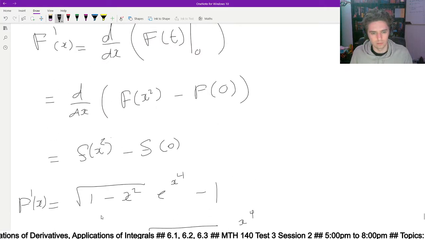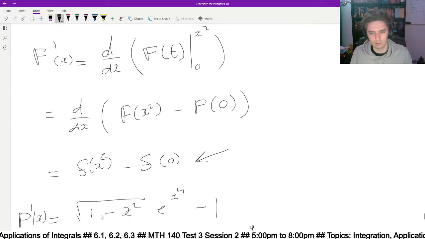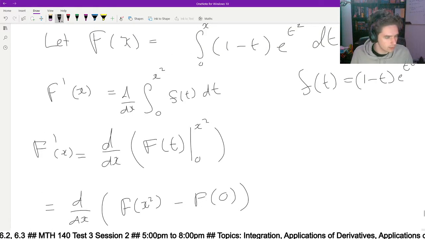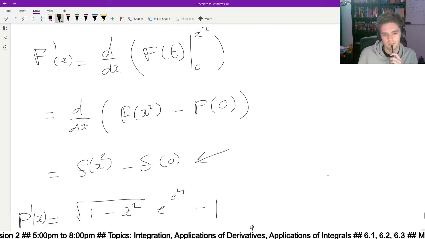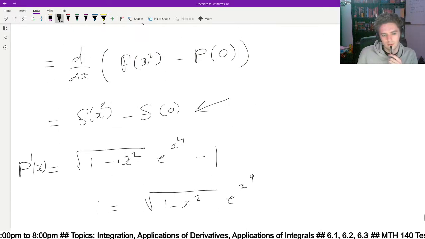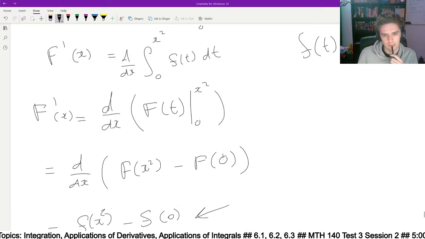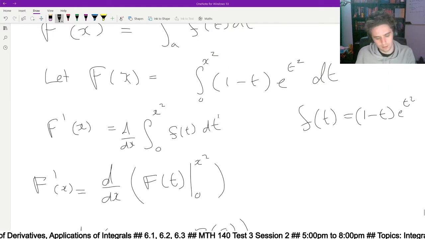And, oh, hold on. It felt like that should have been 0, but it wouldn't be 0. What else was there? So that's the derivative, but it has a 1 at the end, so that doesn't quite make sense. Evaluated from 0 to x squared.